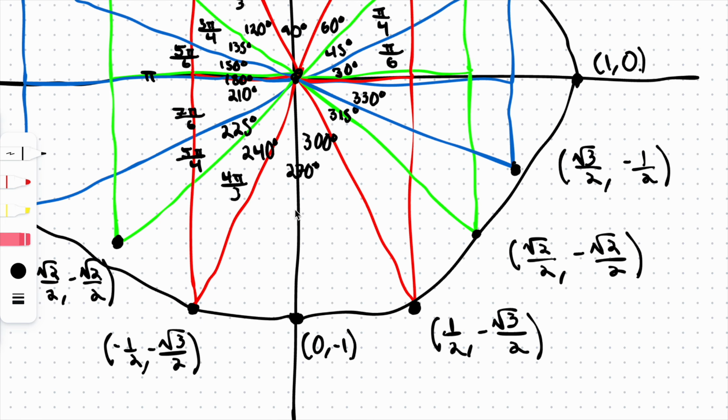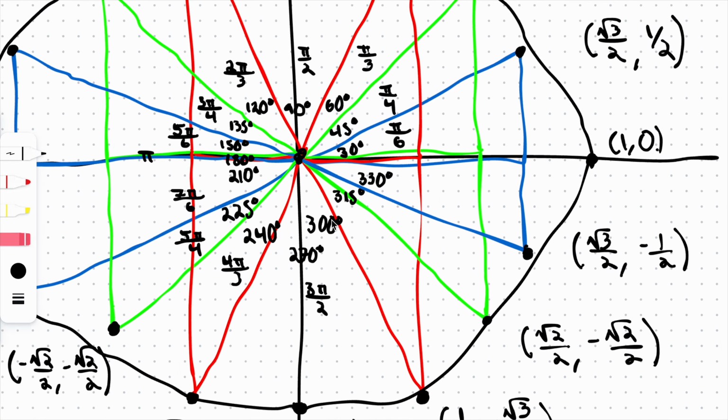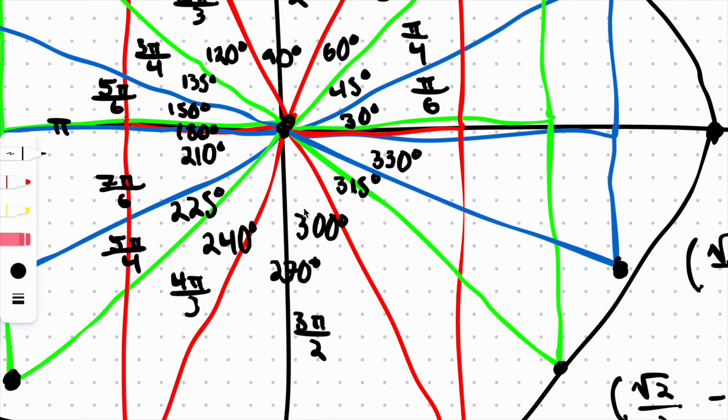And that in radians, 270 times pi over 180 is going to be 3 pi over 2. Now 300 times pi over 180 is going to be 5/3. So 5 pi over 3.